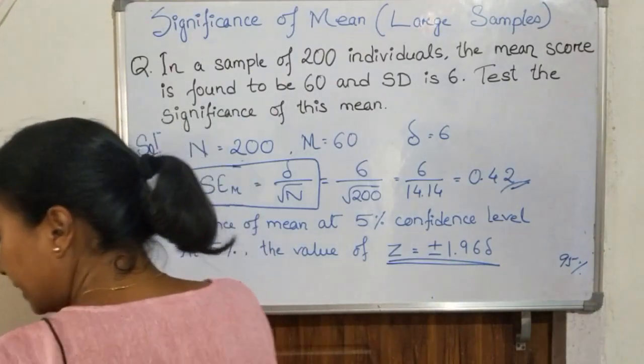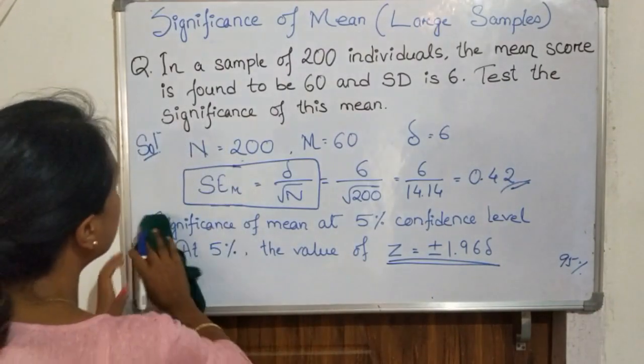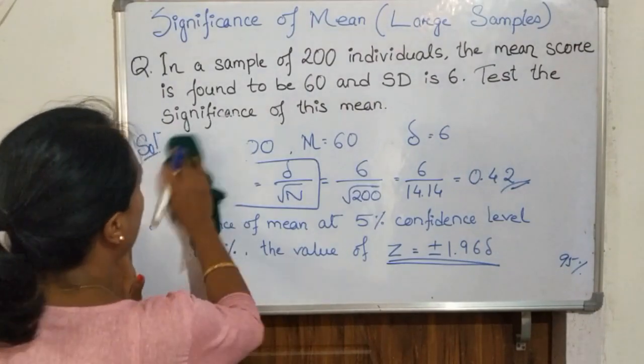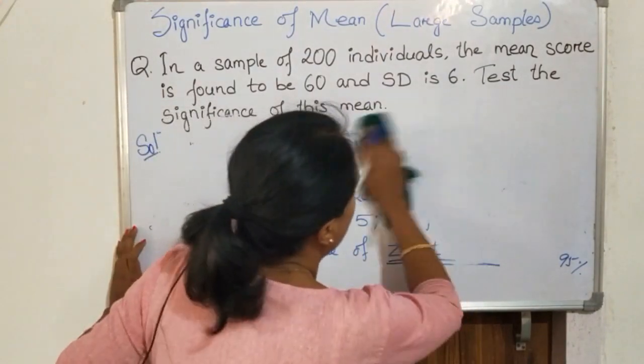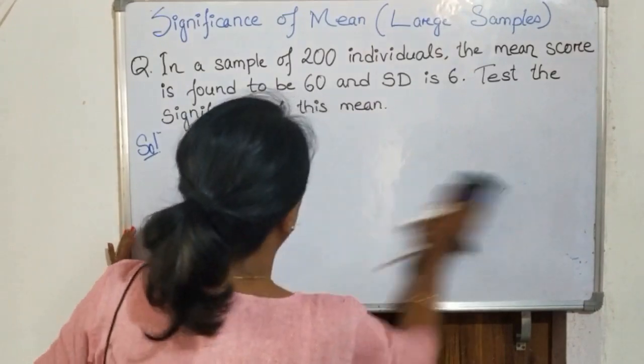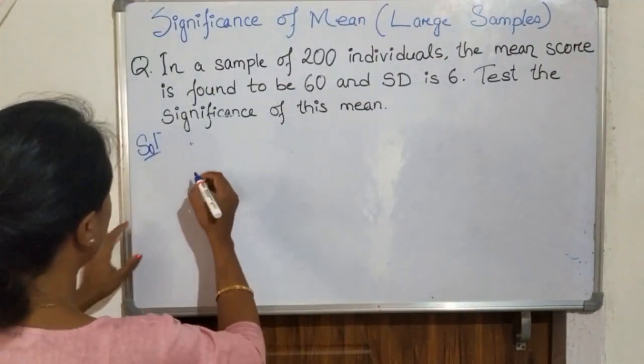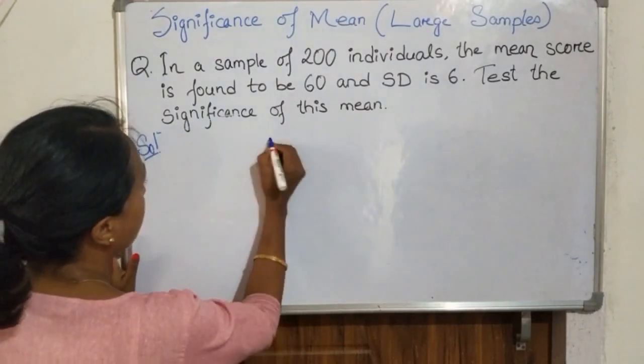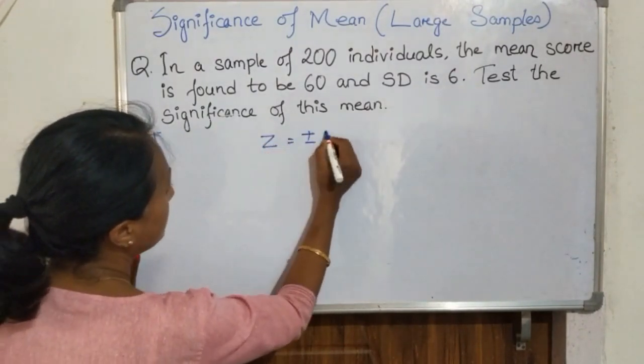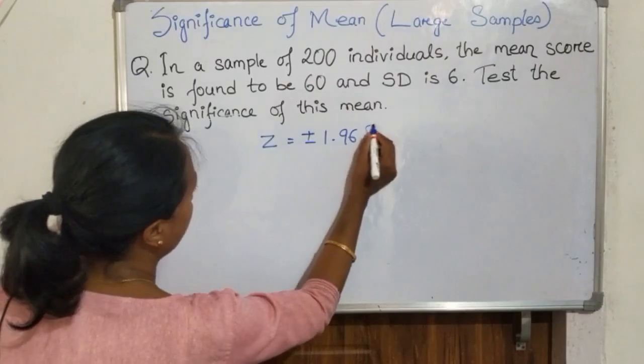Now what we need is 0.42. SEM is 0.42, and at the 5% confidence interval, our Z value is plus minus 1.96 standard deviation.